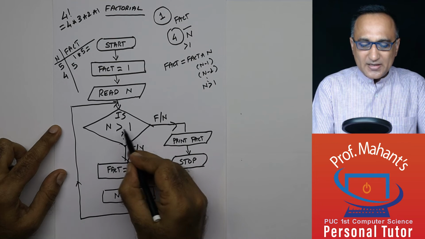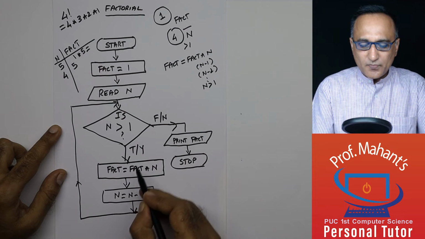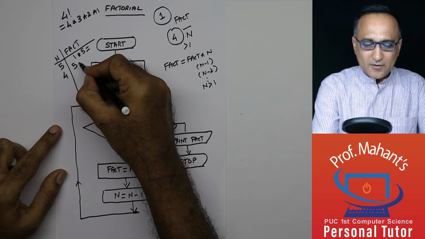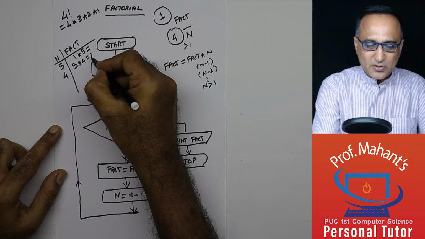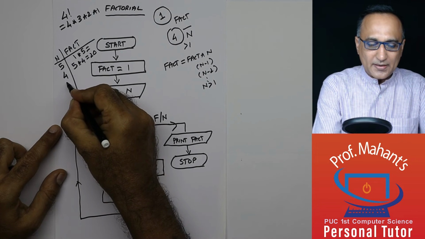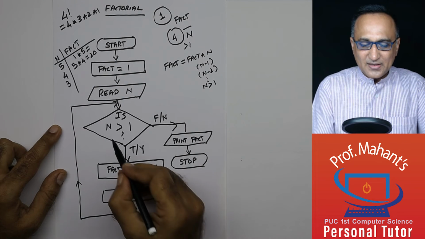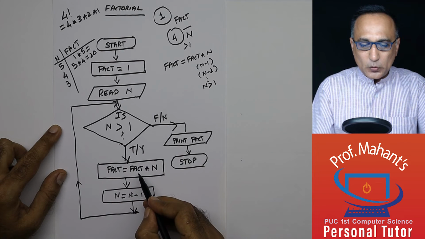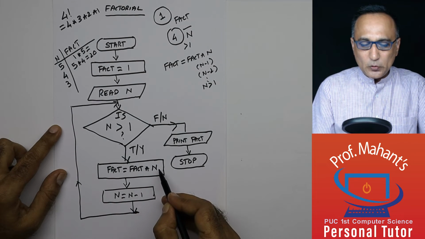So 4 is greater than 1 is true. Fact is 5 into 4, which is equal to 20. Now n is reduced by 1. It becomes 3. 3 greater than 1 is true. Fact is 20 into 3.